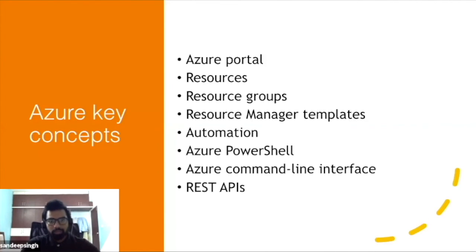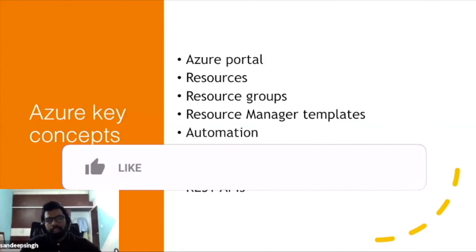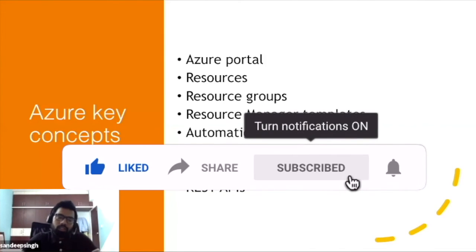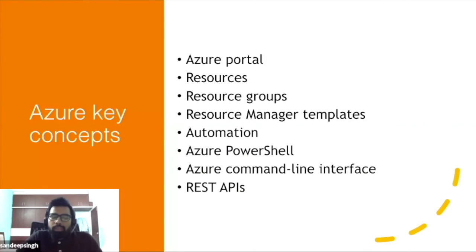Automation is also very important, and we can achieve automation through Azure. There are multiple ways through which we can create resources. There is the Azure portal, and there is the Azure command line interface, the CLI. AWS also has a portal and a command line interface.